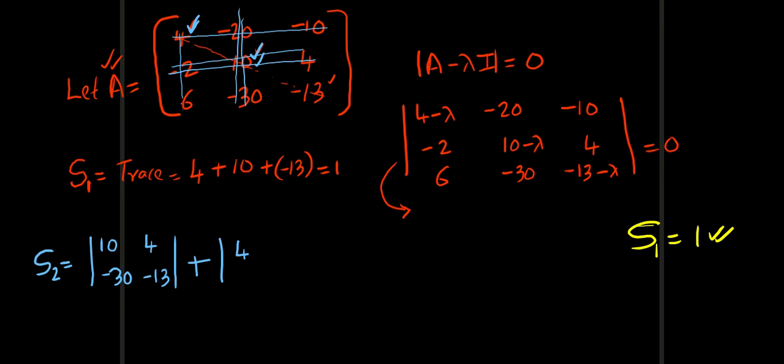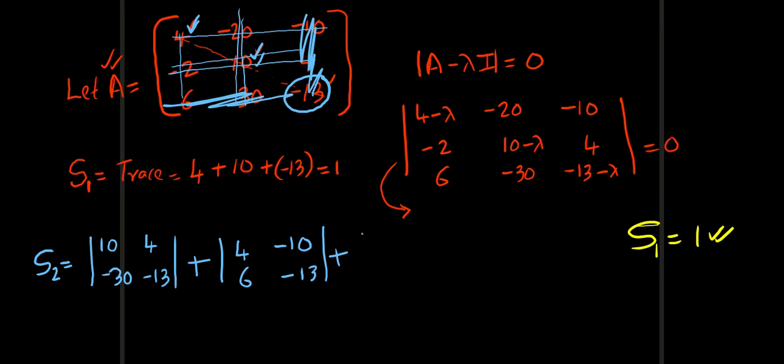So that will be 4 minus 10, 6 and minus 13. Plus, now what we do is we take a look at the last element. Now you can forget about this and this. So that will be 4 minus 20 and minus 2 and 10.